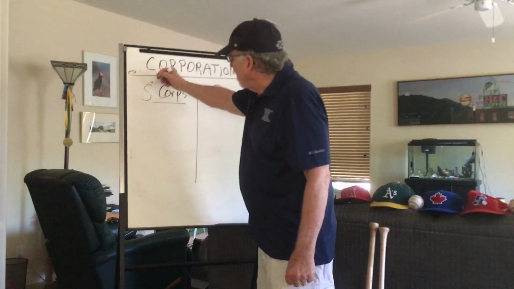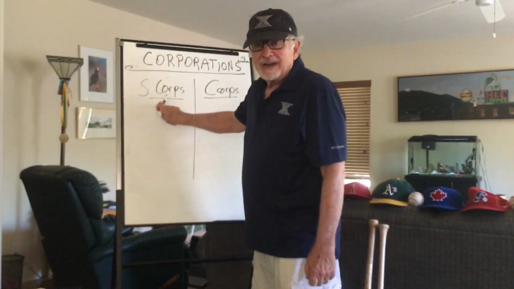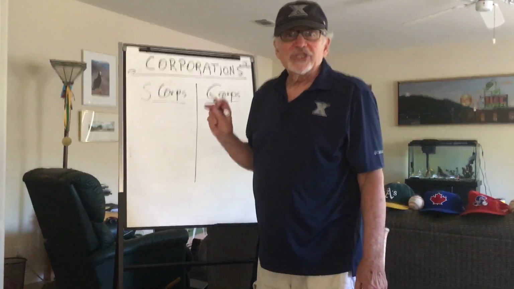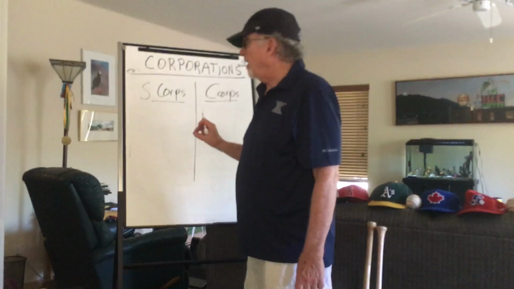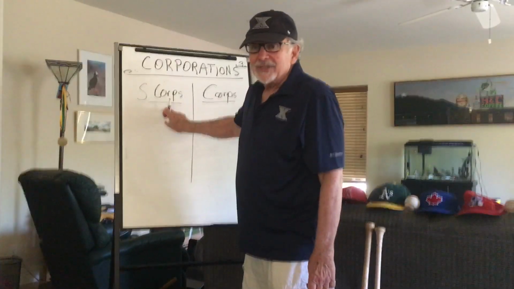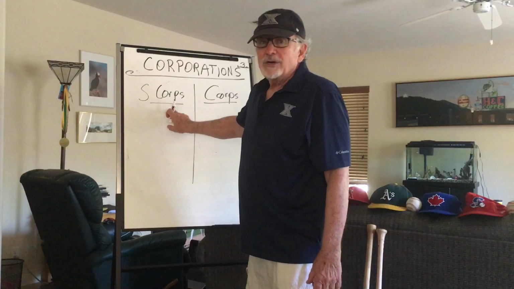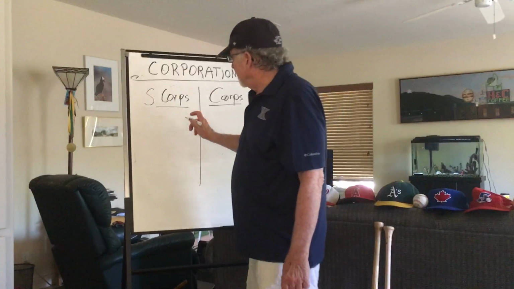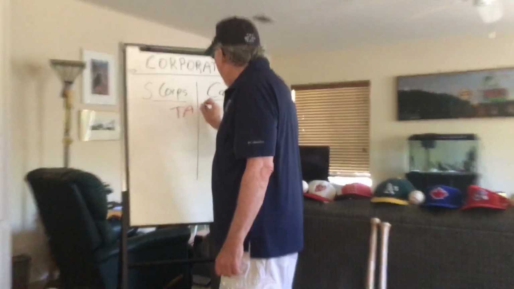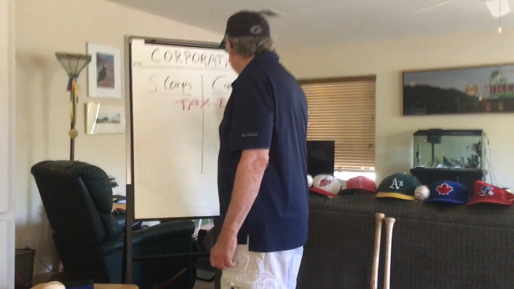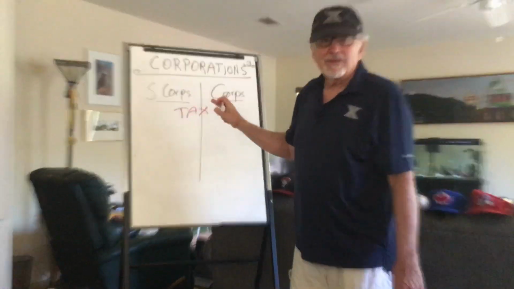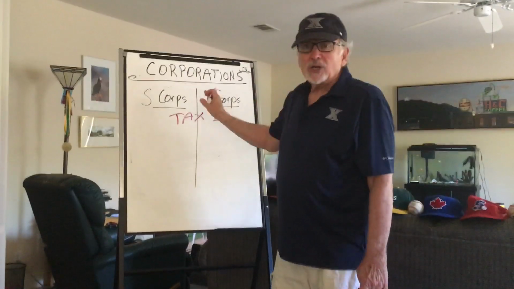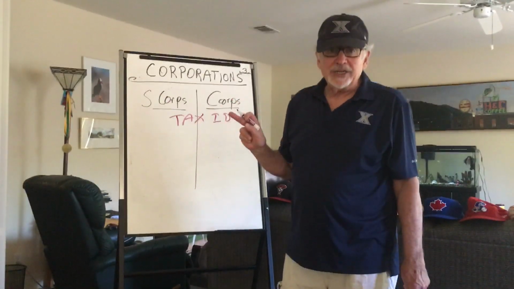S corporations are in subchapter S of the Internal Revenue Code, and C corporations are in subchapter C. But for many years, when I started practicing law, S corporations were called subchapter S corporations. So just remember that these are tax identifications. They don't have anything to do with different kinds of corporations. They're tax.